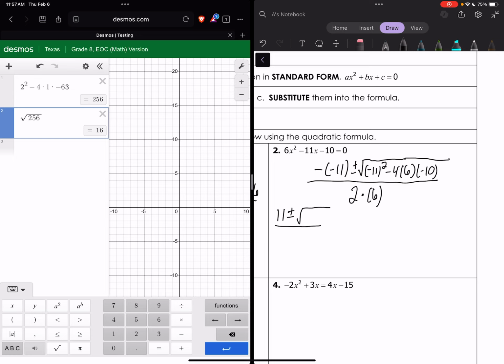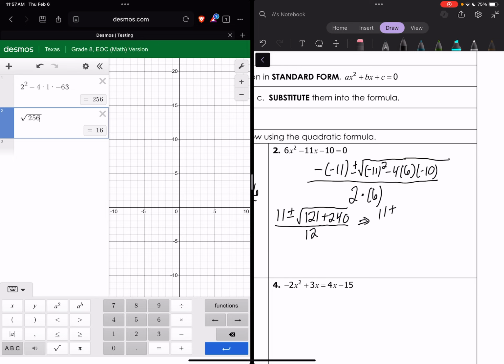I'm not going to do this one in Desmos just because I don't want to. There's really no other reason. But I have 121. All right, negative 24 times negative 10 is positive 240 over 12.